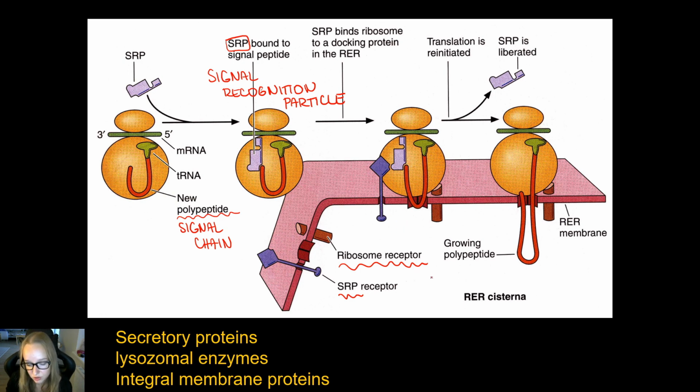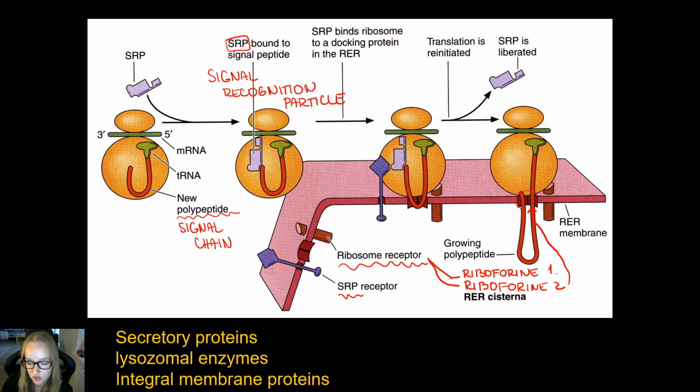And we have two types of ribosomal receptors, and one is ribophorin 1 and ribophorin 2. Ribophorin 1 serves as a receptor that the ribosome is attached to, and ribophorin 2 serves as a channel.